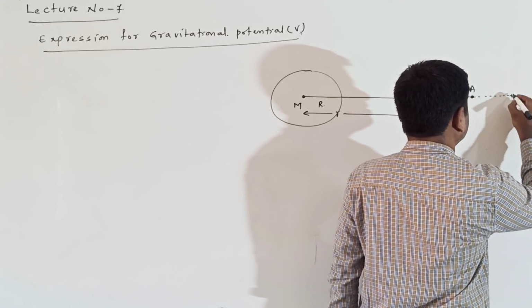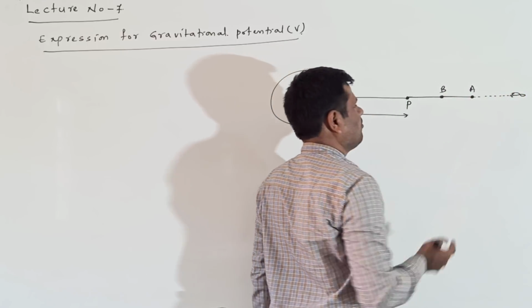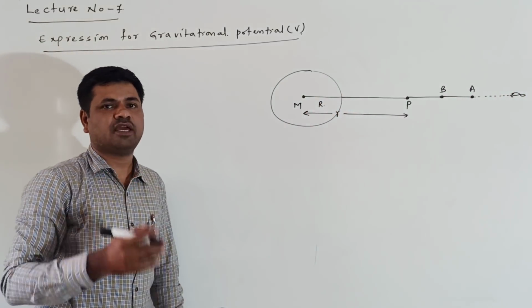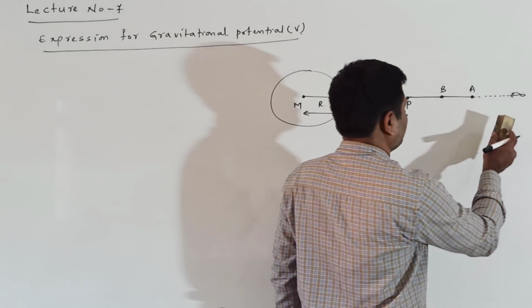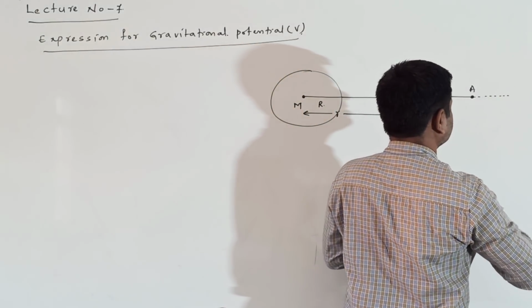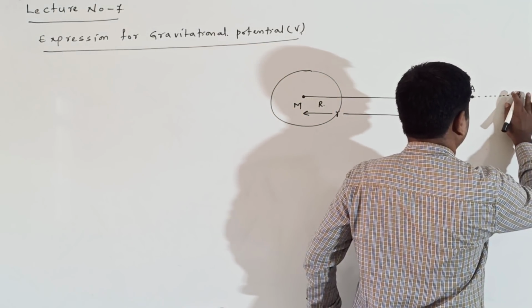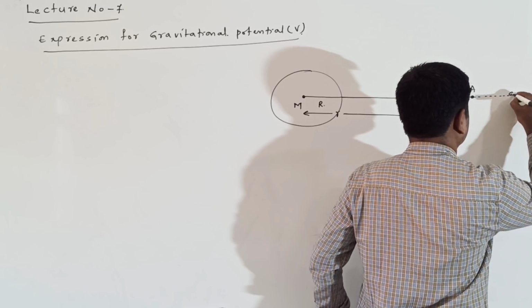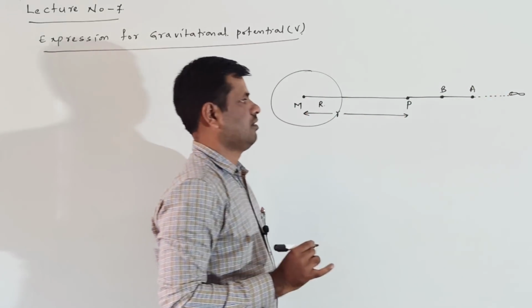Infinite distance means there is no gravitational field above the A point. After the A point there is no gravitational field. This is considered as the infinite point.